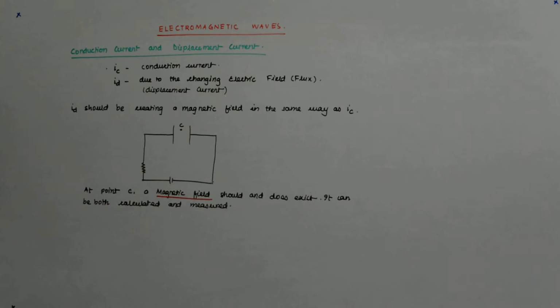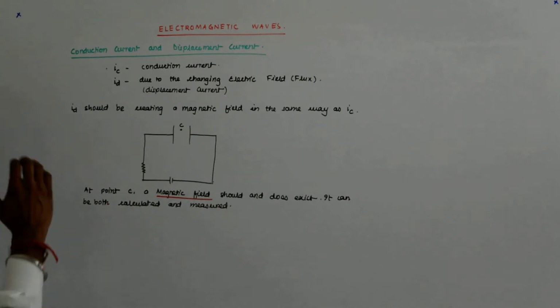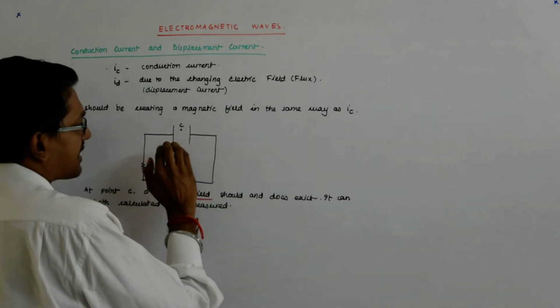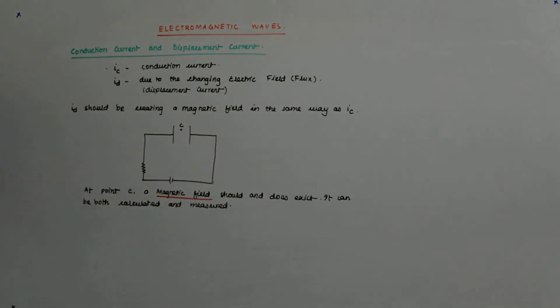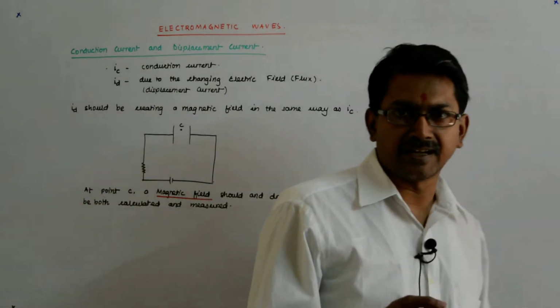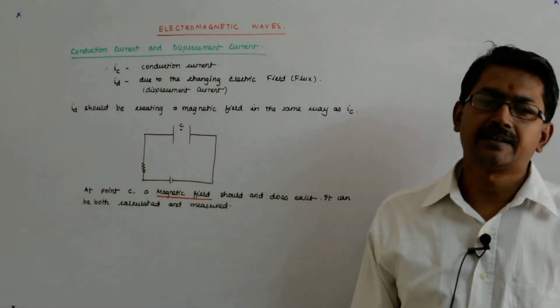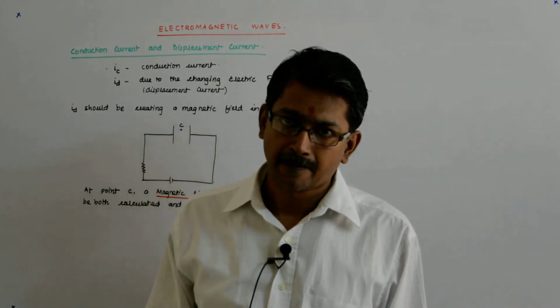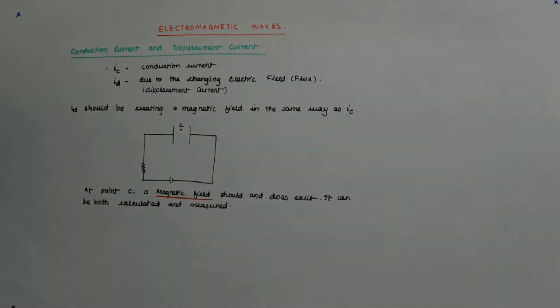So this is no hypothesis, and it has been experimentally verified that there is a magnetic field, and if there is a magnetic field, there has to be a current which is producing that. That much we know.